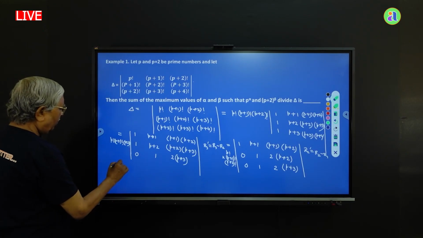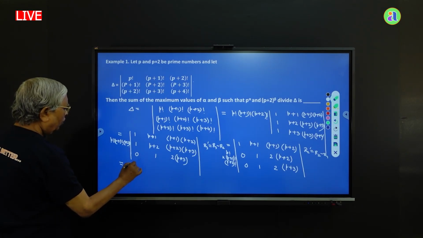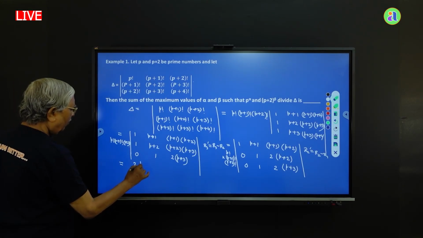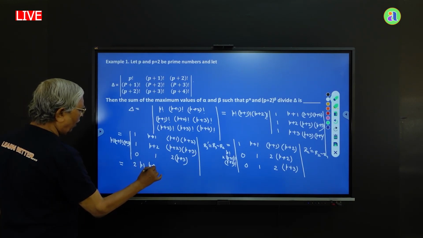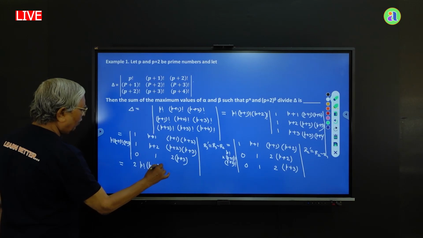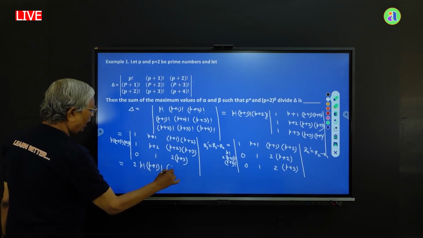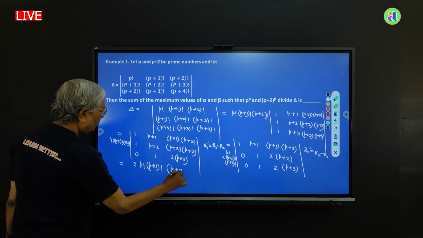After simplification, what do you get? Expanding, it is 2 into factorial p into factorial p plus 1 into factorial p plus 2.